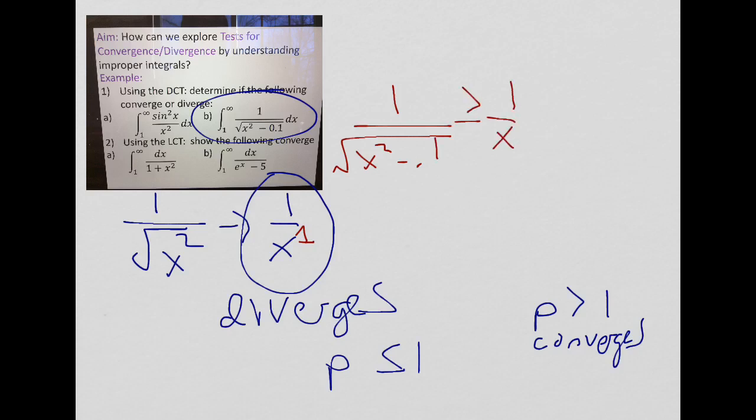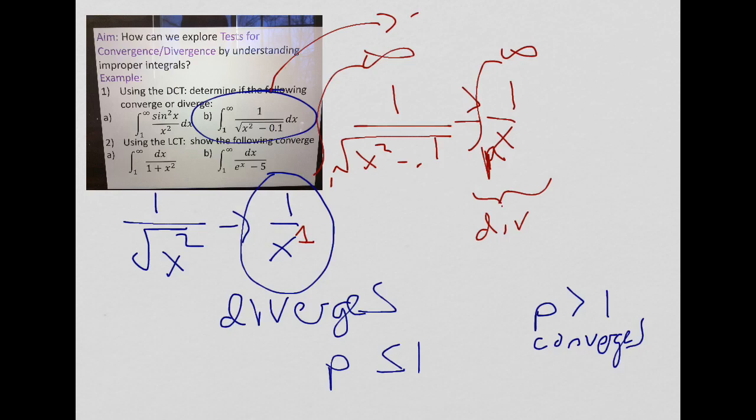Okay, and if this diverges, okay, in this case this is 1. If this diverges, which we found that it does diverge, then this does as well. Okay, so this one does diverge.